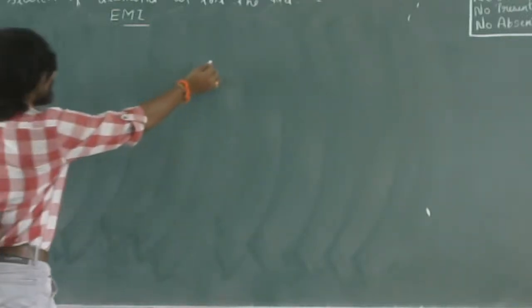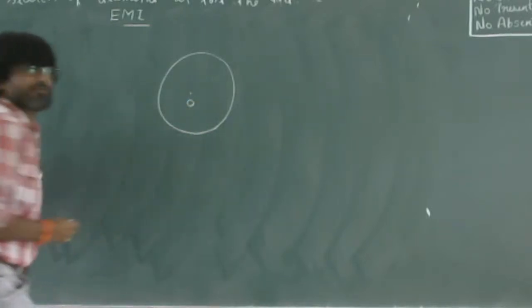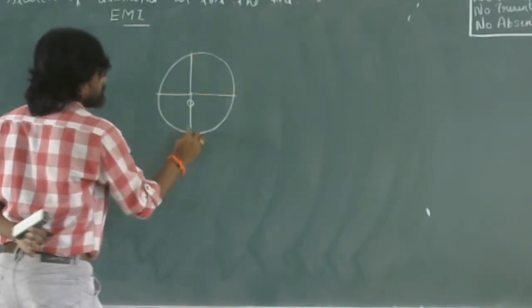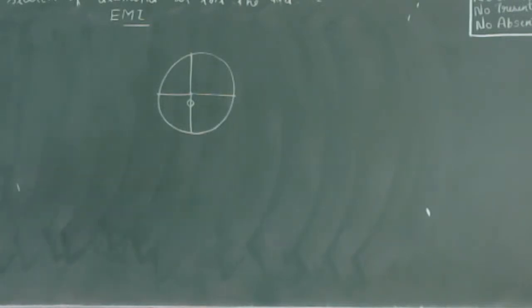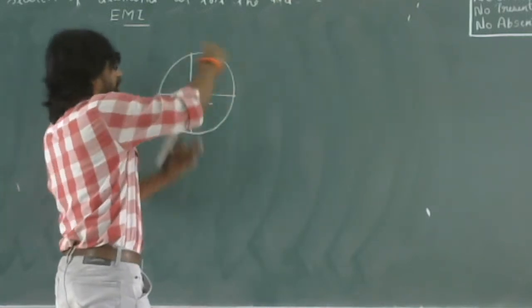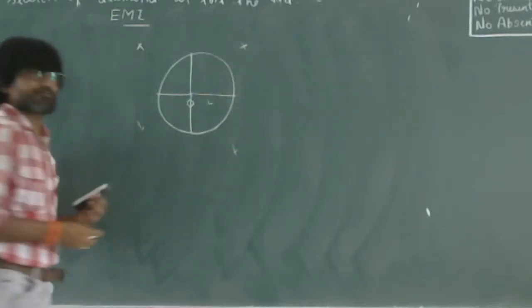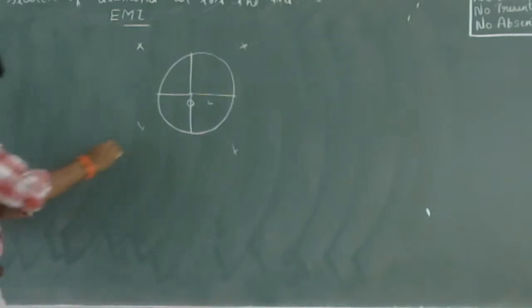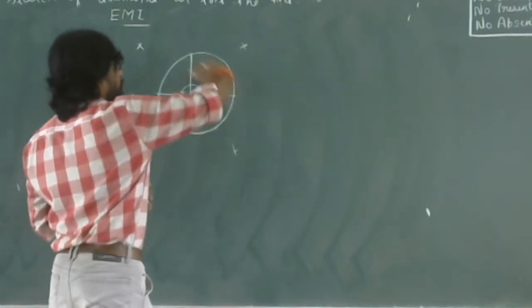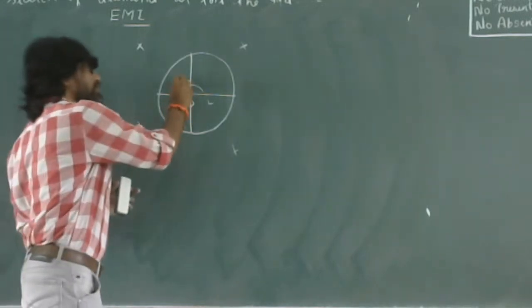An application of this, an extension: if you have a rim with center O and we attach a number of wires like this, and the length of each wire is L, then if the entire rim is rotating in the external magnetic field, every wire, or spoke of the wheel, is rotating with an angular velocity omega.